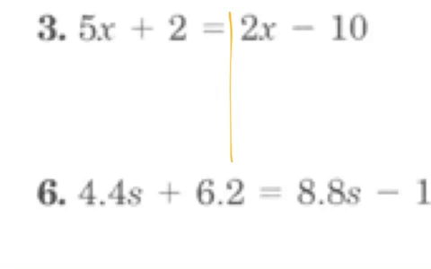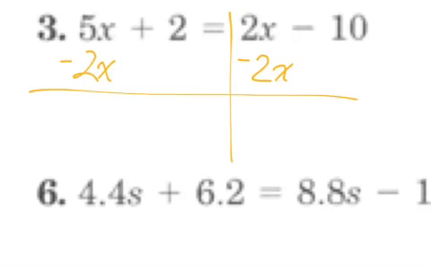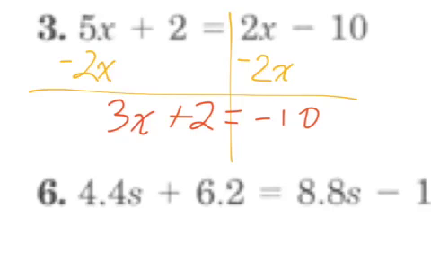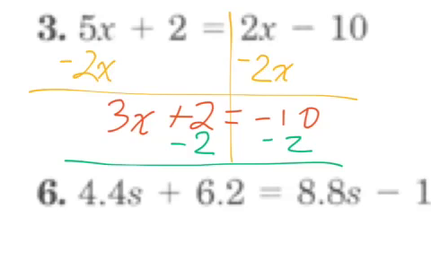That means that I want to subtract 2x here, and subtract 2x on the left-hand side too. That would give us 3x plus 2 equal negative 10. Then I'm going to get rid of the 2 on the left. Do it on both sides. This will produce 3x equal to negative 10 minus 2, which is negative 12.